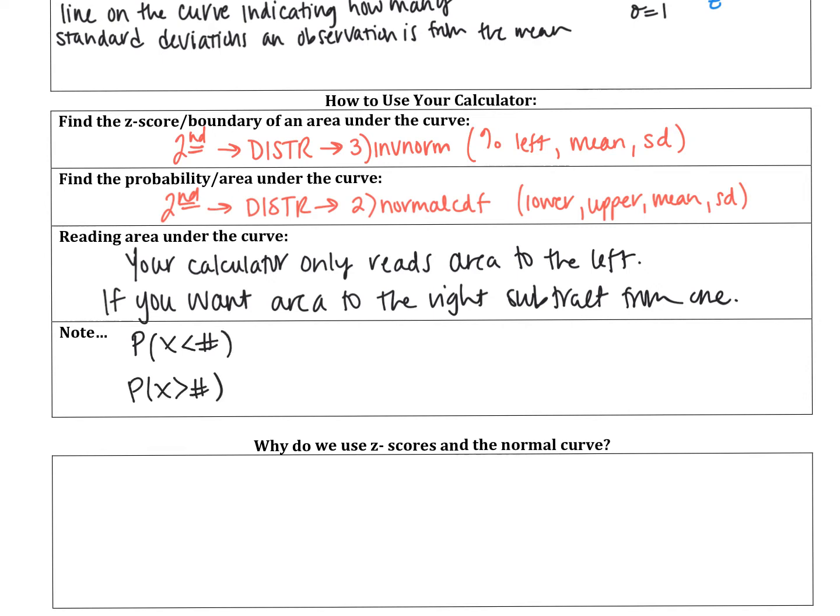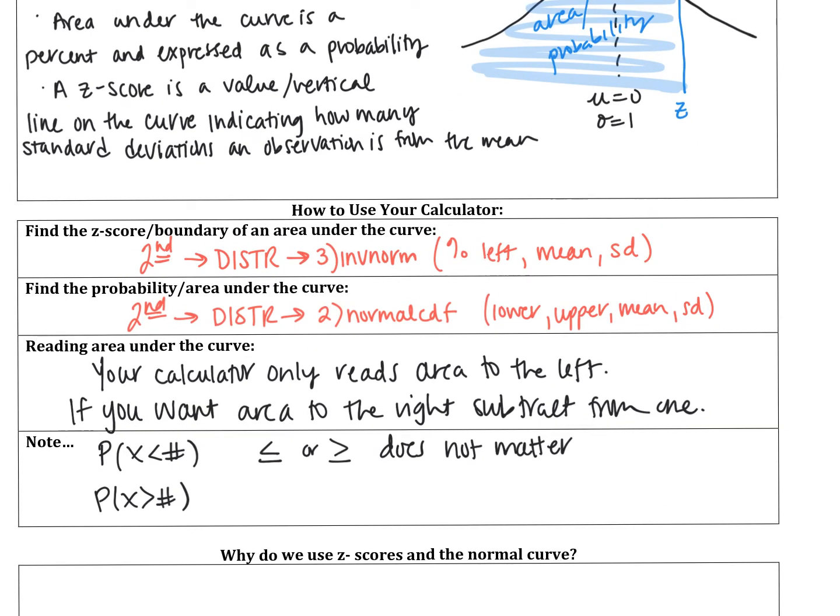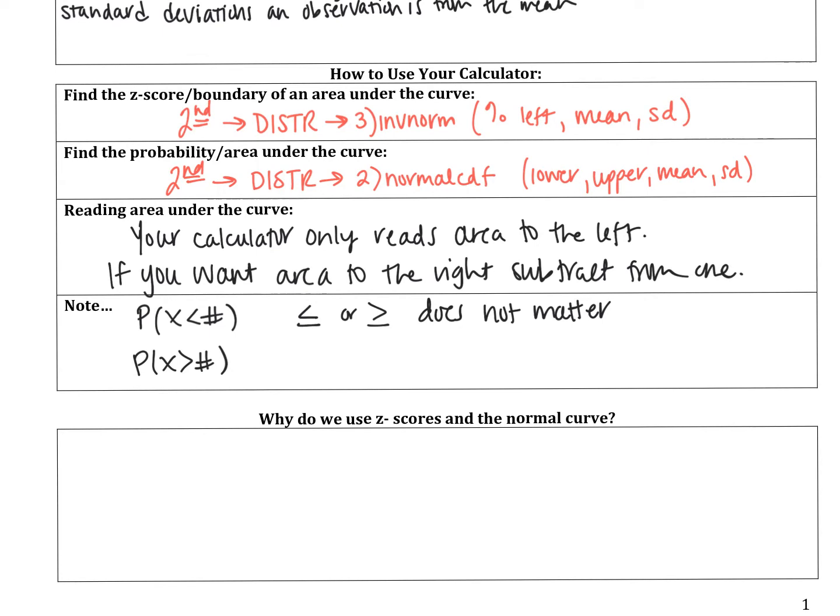One thing that we need to notice is that if we use less than or equal to or greater than or equal to, this does not matter because that equal to sign represents a vertical line at the exact point we're looking at, and a vertical line has no area. So the notation does not matter. We will not get stuck on notation.